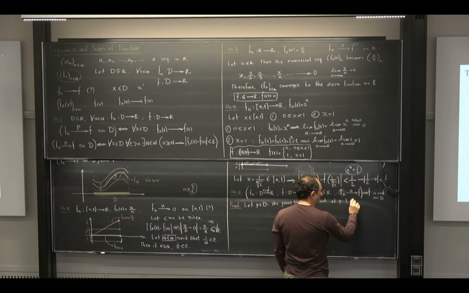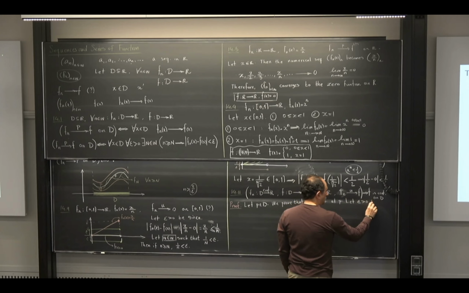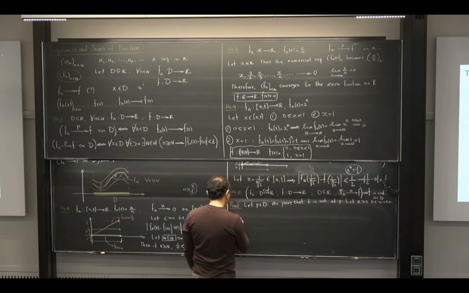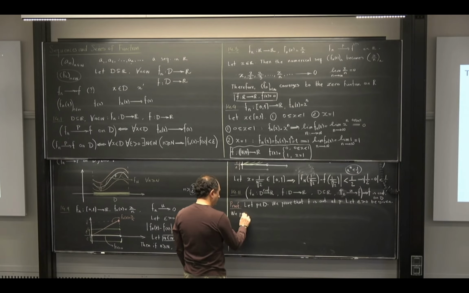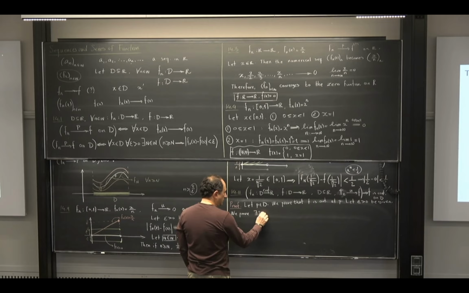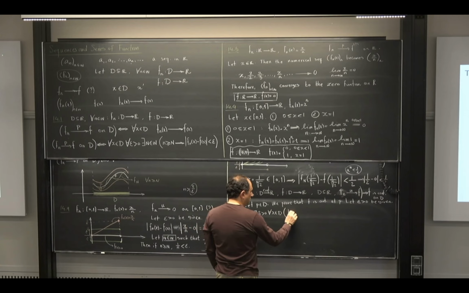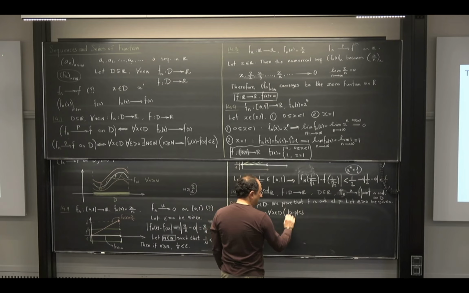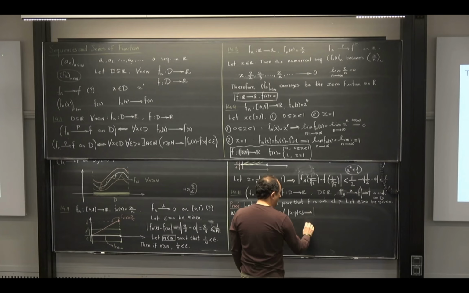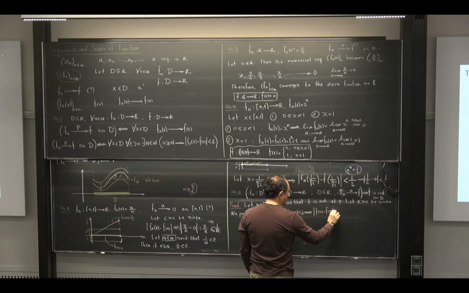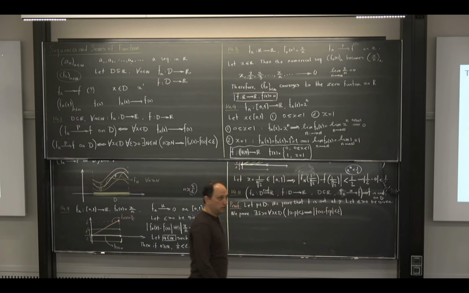So I would say let epsilon greater than 0 be given. We prove that there exists a delta positive, so that for every x in D, if the absolute value of x minus p is less than delta, this implies that the absolute value of f of x minus f of p is less than epsilon. Yes? This is what I want to prove.